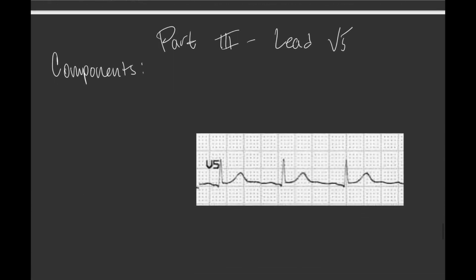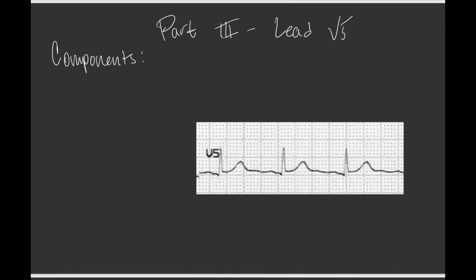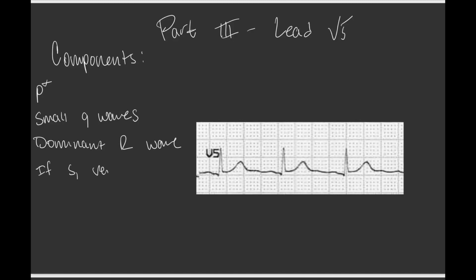By the time we get to V5, the pattern for the P wave should be pretty instilled, so we should have a positive P wave. V5 should have some small Q waves. It should have a dominant R wave. If there's an S wave, it should be very small.